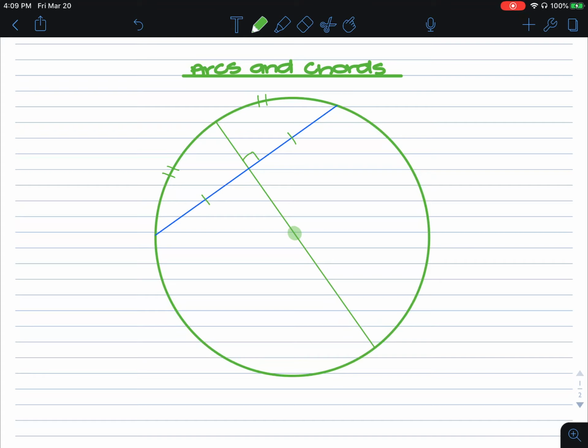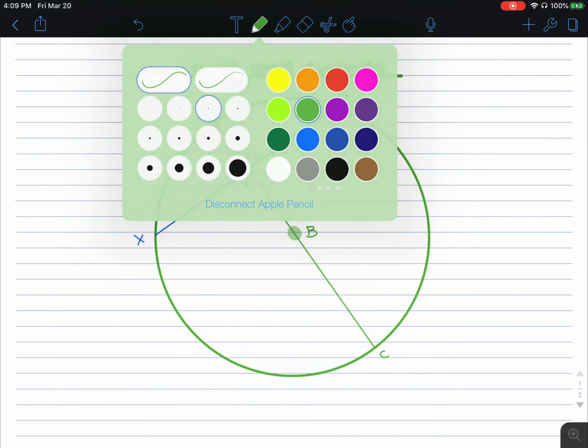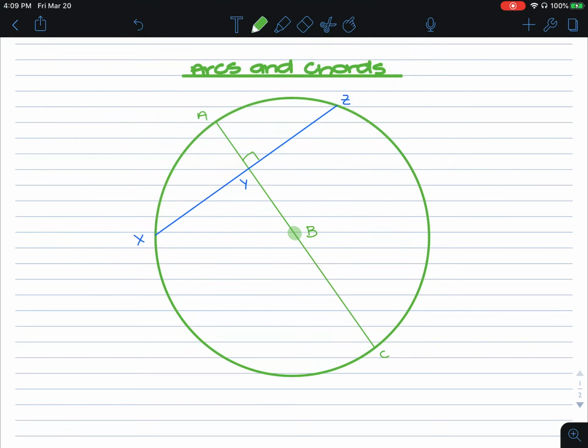Okay, let's try some example problems with this. So let's say, I'm going to label these. Let's do A, B, C. Let's do X, Y, and Z. Okay, so let's say that AC is perpendicular with XZ, which we can see in our picture.